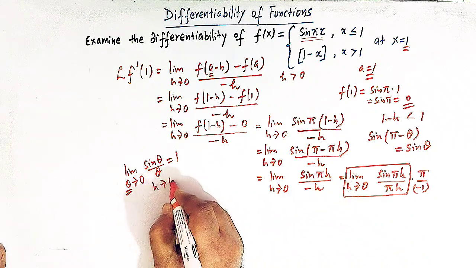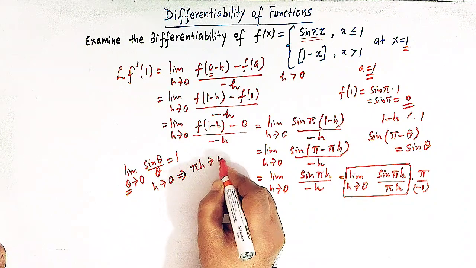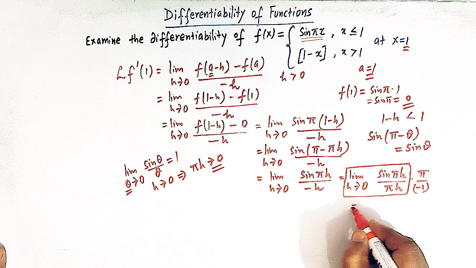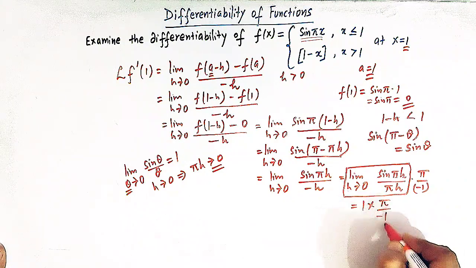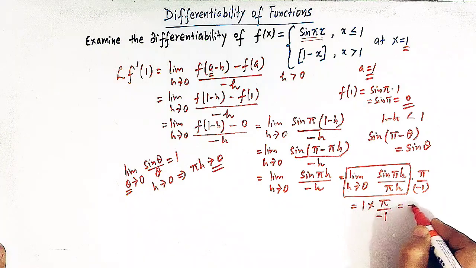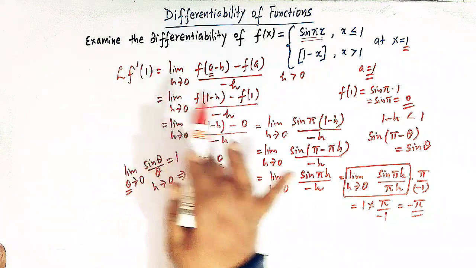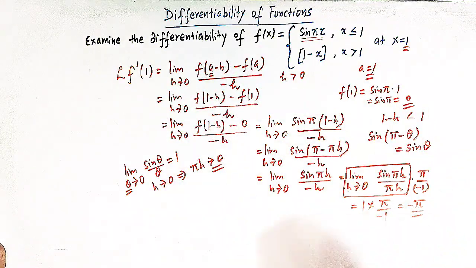So when h tends to 0, then obviously pi h tends to 0, right? So the value of this limit is equal to 1. So we have 1 times pi over minus 1, that is equal to minus pi, right? So the left hand derivative of this function at a equal to 1 is equal to minus pi, right?